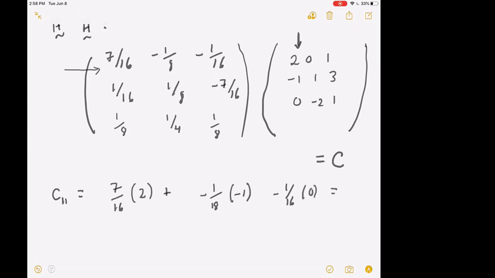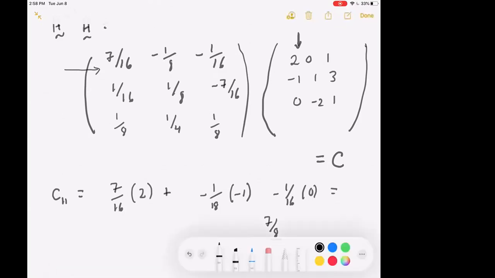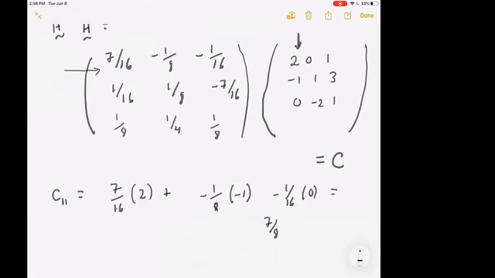So if you multiply this out, you get 7/8. This is when I told you about transcription errors, this is a 1/8. So I get 7/8 plus 1/8 plus 0 equals 1.